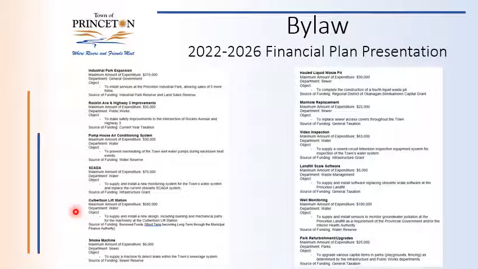The first one on the list, the culverts and lift station, located near the Pines Trailer Park and Memorial Park. This will supply and install a new design, including building and mechanical parts at the culverts and lift station.